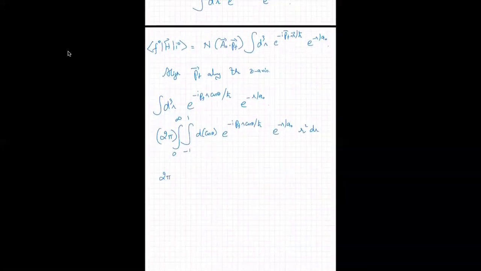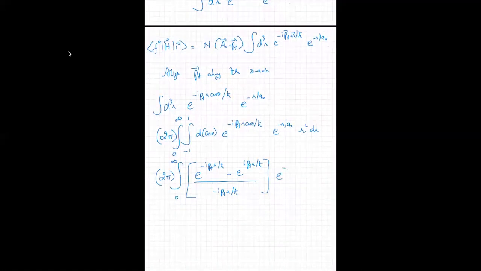This is basically 2 pi times e to the minus i Pf r over h bar minus e to the i Pf r over h bar, divided by minus i Pf r over h bar. This is the theta integration, times e to the minus r over a0 r square dr.